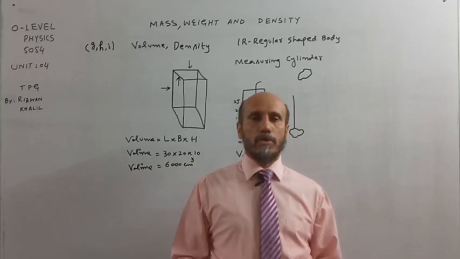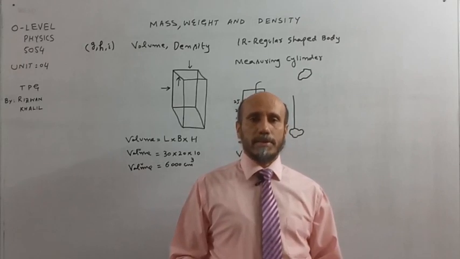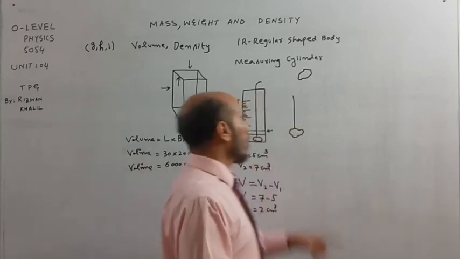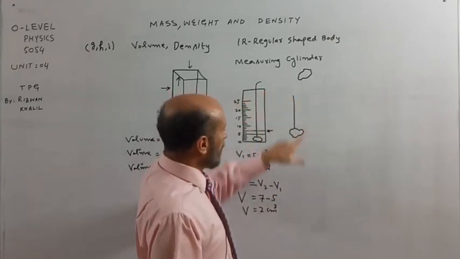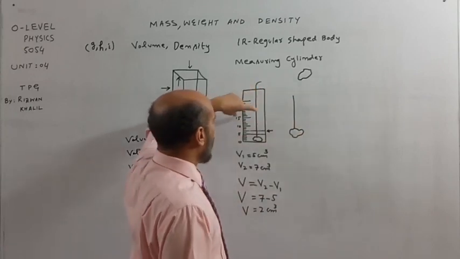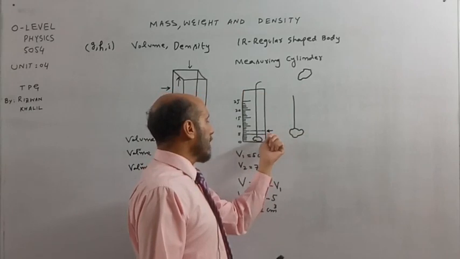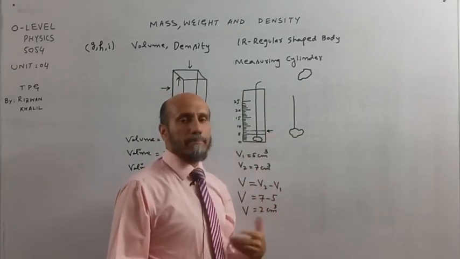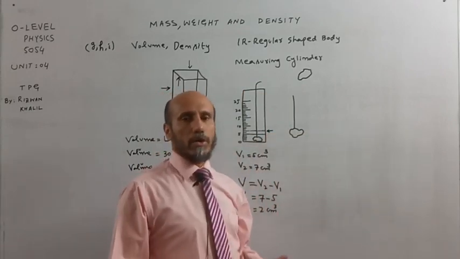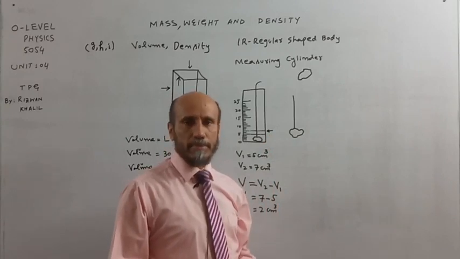Let's suppose we want to find the volume of a stone. The stone doesn't absorb water. So I will tie up the stone with the thread. Before immersing the stone in the measuring cylinder, first of all I will measure the initial volume of the water. It was 5 cubic centimeter.